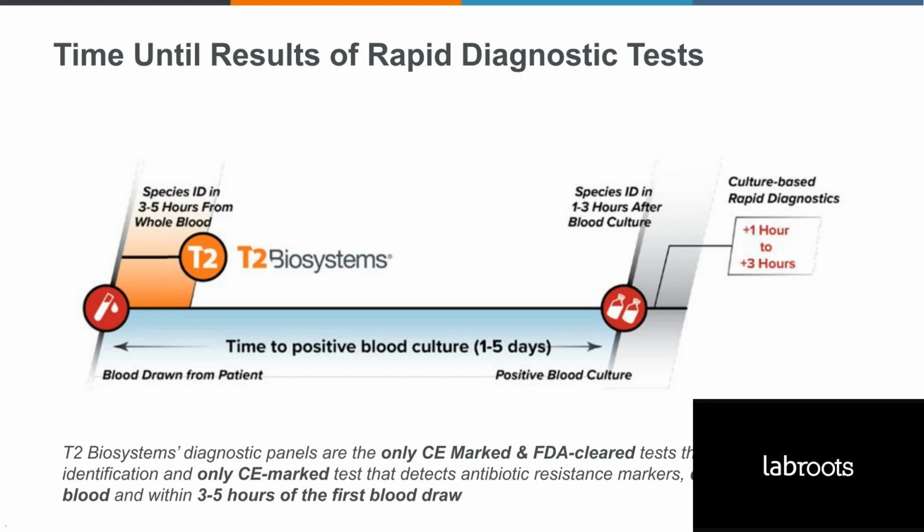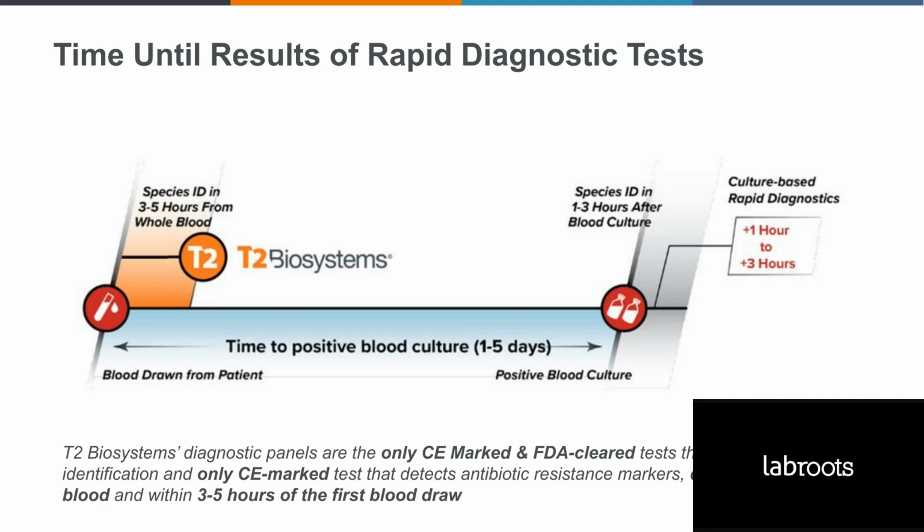The left side of this slide is the time of sample collection, and it takes about 1 to 5 days to get a positive blood culture. There are many culture-based rapid diagnostic tests which can provide the species ID in 1 to 3 hours very quickly, however, only after the blood culture turns positive.